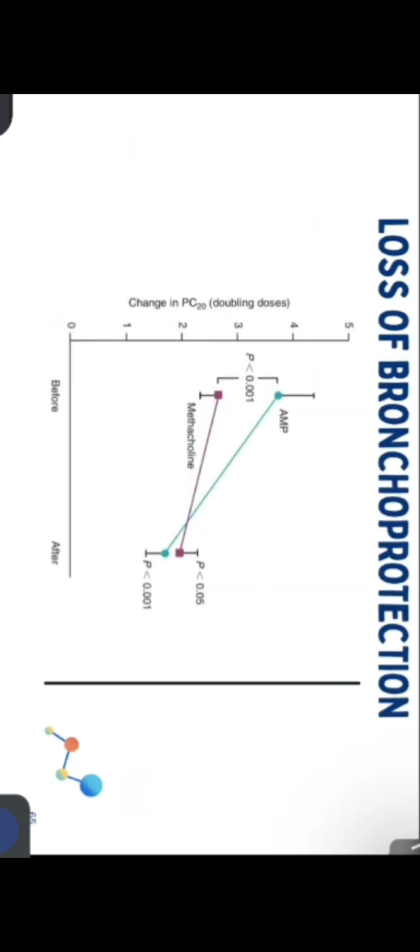Similar mechanism may explain reduced maximal bronchodilator response with repeated use. Yun nga, palaging paggamit. Kaya nawawalan na tayo ng bronchoprotection. Paulit-ulit na paggamit, ibig sabihin paunti-unting nawawala yung protection. Yan. Pababa ng pababa.